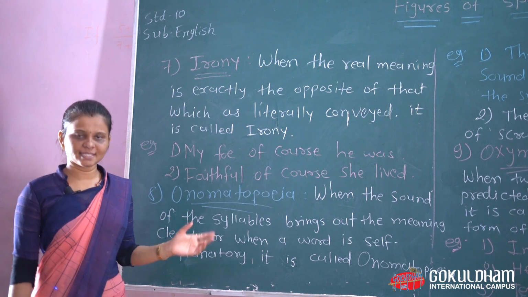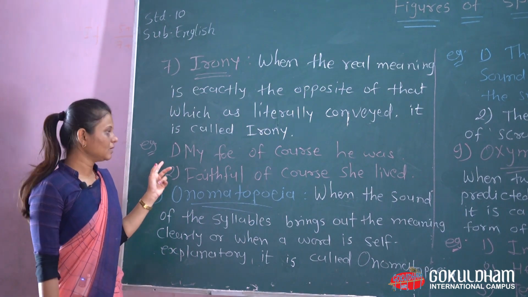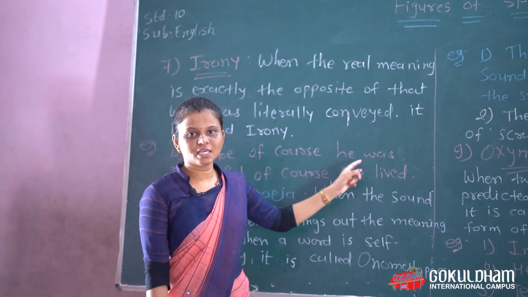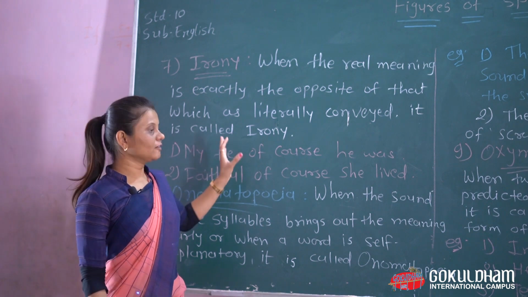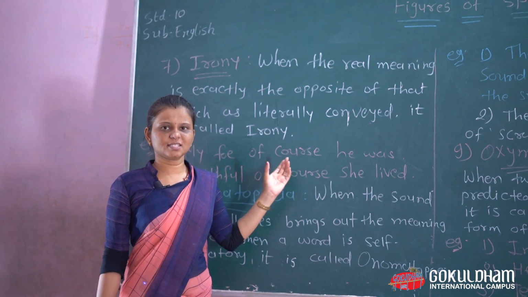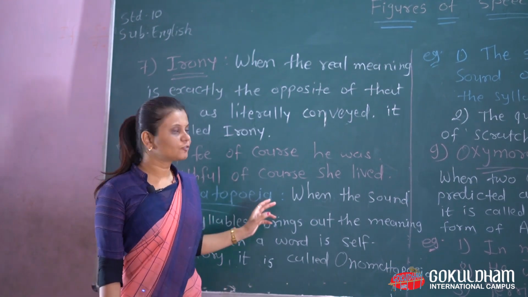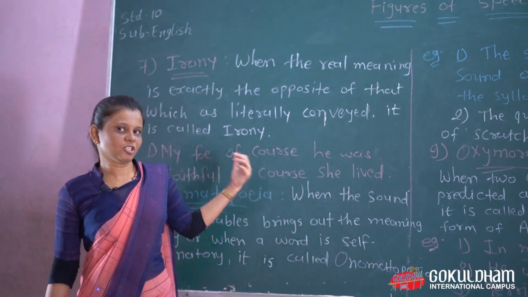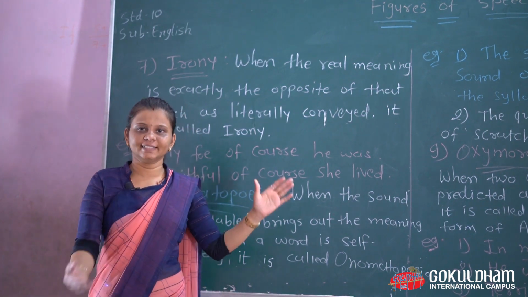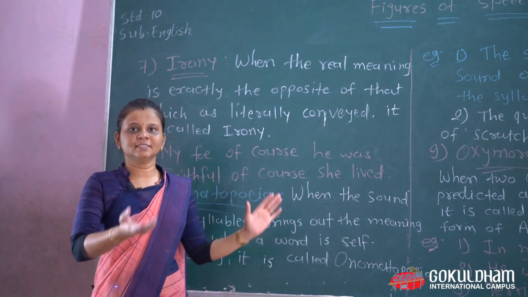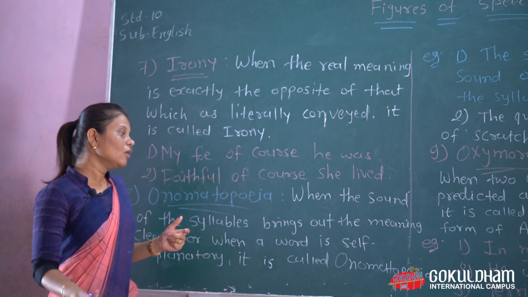At that time you can say the irony figure is applied. Look at the example: my foe of course he was. So this is the irony here. Then, faithful of course she lived. So this is also a kind of irony, which is different from reality; literally it is conveyed differently, and the expression showed here has a different meaning.